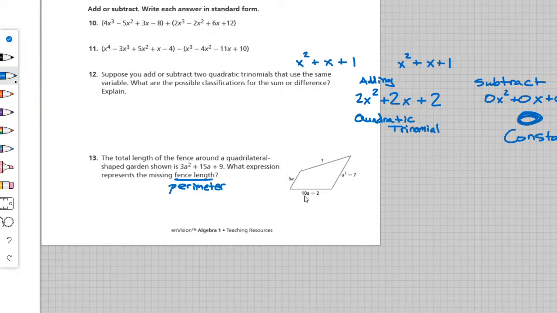So if we did 5a plus 10a minus 2 plus a squared minus 7 plus some unknown, it's going to give us this amount. I'm only going to help you set it up, all right? So the perimeter is equal to side plus side plus side plus side, and you could label these as A, B, and C, that's fine.